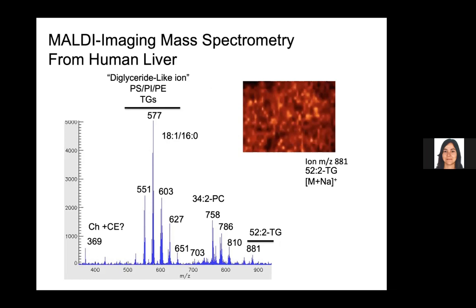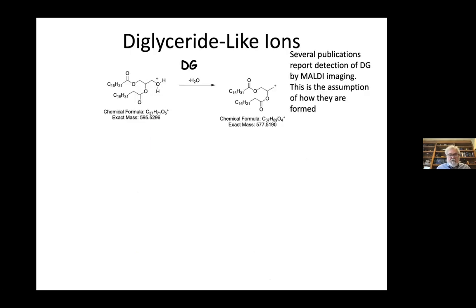And I don't think they are diglyceride ions. I think these ions have come from the decomposition of some of these ions up here because of the very facile ion chemistry and the instability of the ion, which happens when you do multi-mass spectrometry. So for those to be diglyceride ions, they would have to lose water. And you typically don't form this sort of ion. You may have a sodium, an ammonium adduct if you added ammonium acetate.